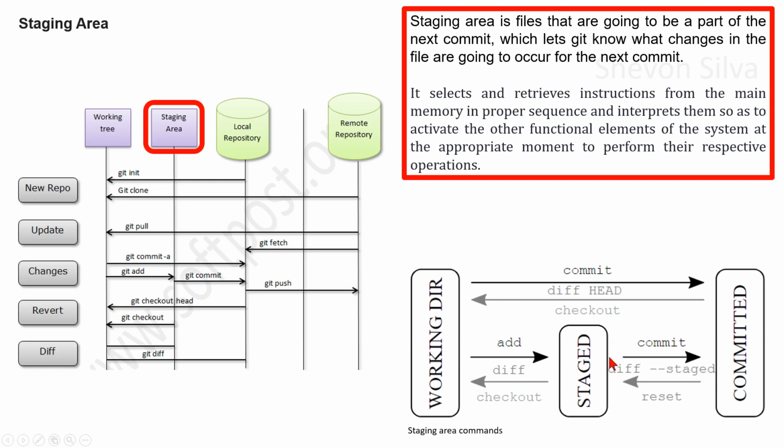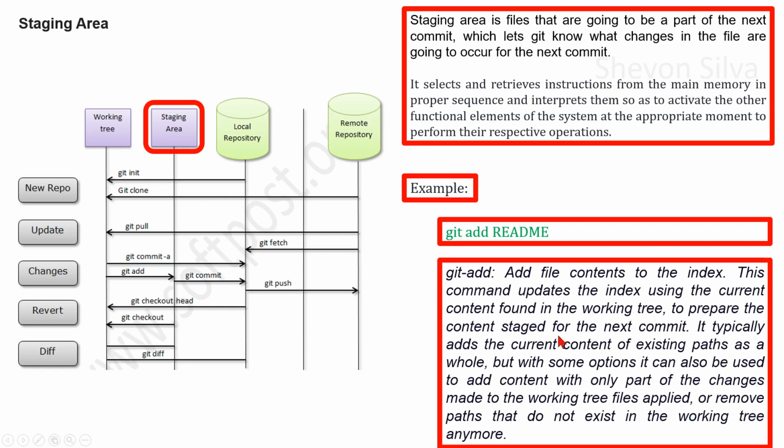Commit is passed from stage to committed. Diff --stage and reset are passed from committed to staged. Here working directory interacts with committed, and working directory interacts with stage, interacts with committed.